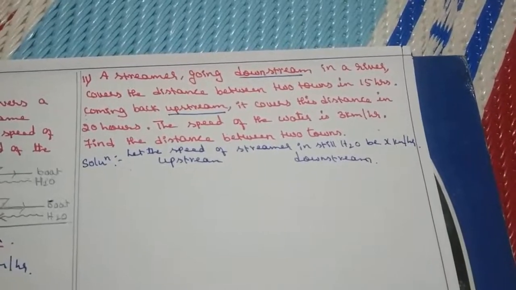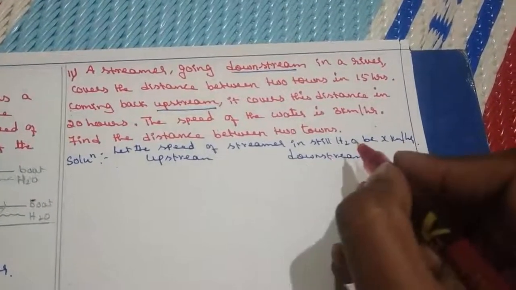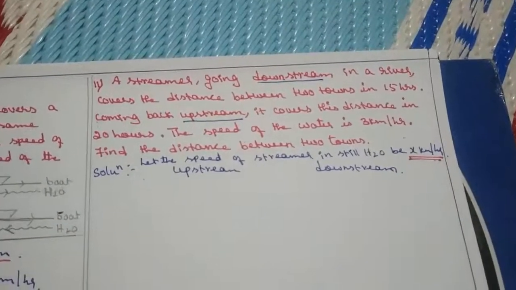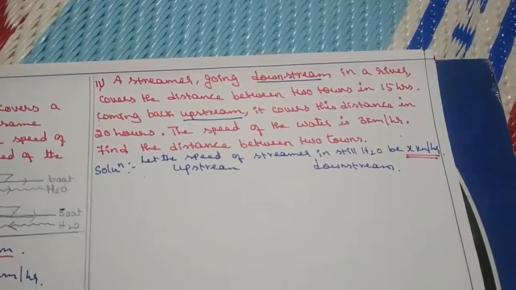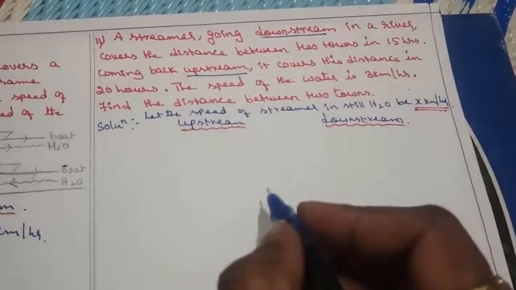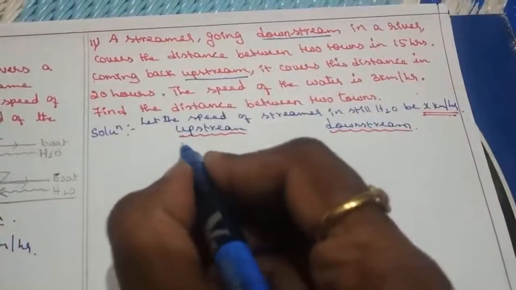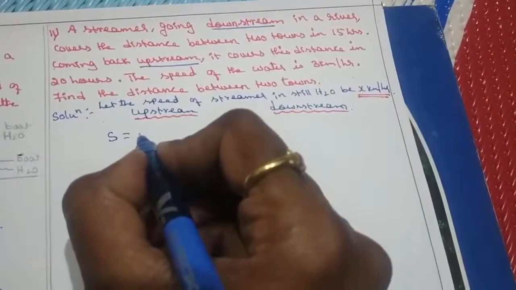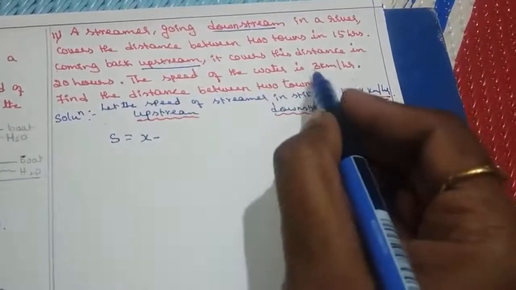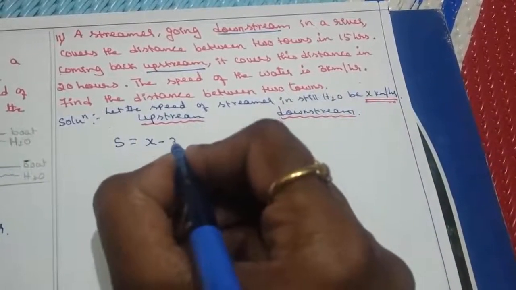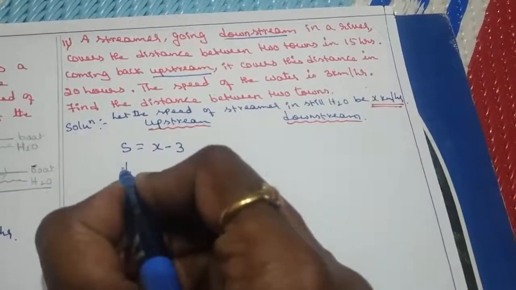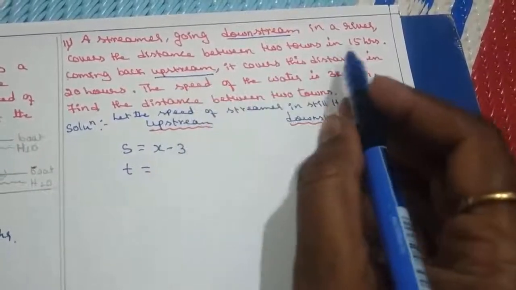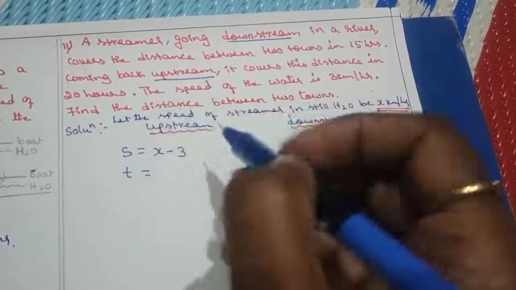So we know that the speed of steamer in still water will always be greater than the speed of water. So here in the upstream we know that we are going to subtract the speeds, equal to x minus, what is the water speed? 3. So x minus 3, and the time taken upstream between the two towns is 20 hours.